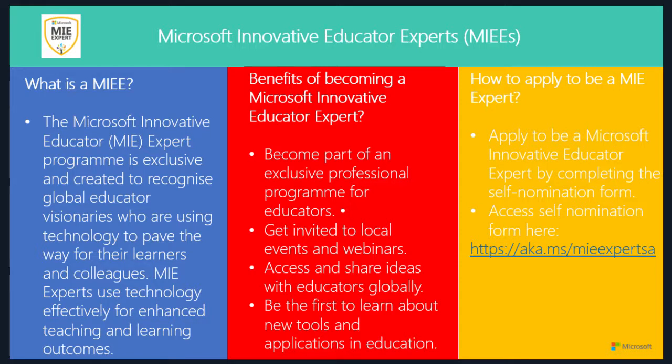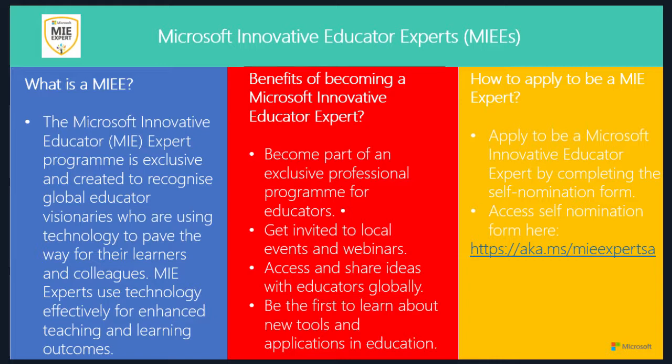An MIE, you've got to earn 1,000 points by doing courses on the Microsoft Educator community, and an MIE expert needs to do a self-nomination application using the link aka.ms/MIE expert. But each school needs to have at least 2 MIE experts at their school.